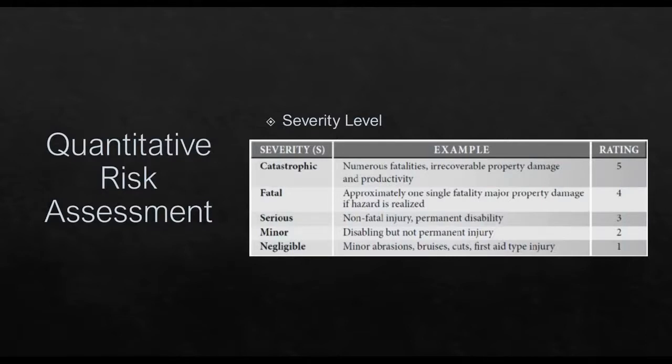Okay, for the fatal, for example, if this incident happens, there might be approximately one single fatality and major property damage if the hazard is realized. So actually this example, besides being the description of the severity level, also clarifies what will happen when this severity or the hazard is realized.